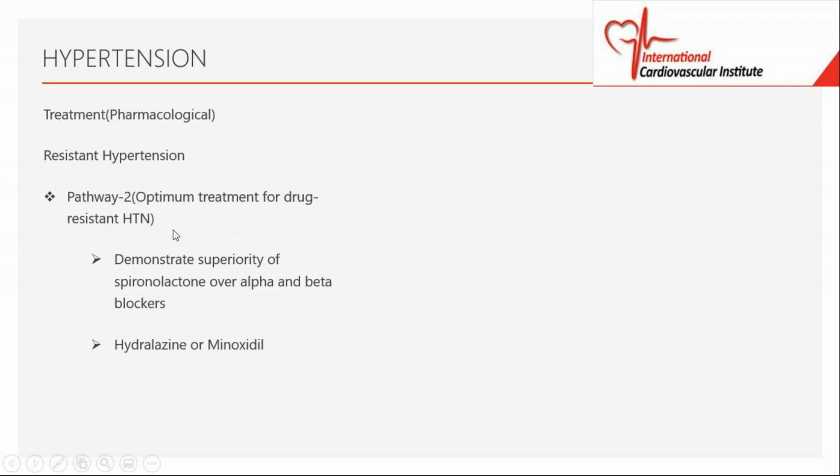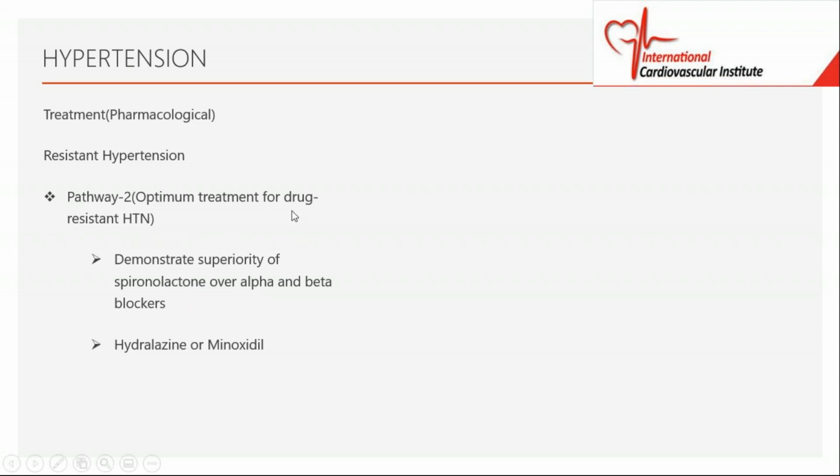The study that showed the efficacy of spironolactone is the PATHWAY-2 trial, looking at the optimum treatment for drug-resistant hypertension. It demonstrates superiority of spironolactone over alpha and beta blockers.